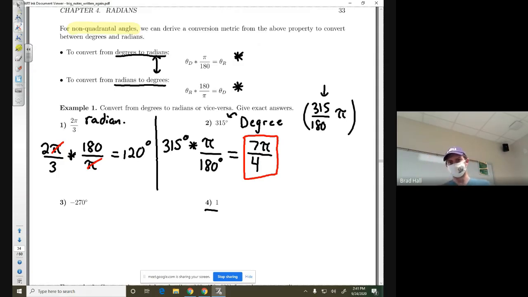If you don't know, I'll help you after class or something. Other than that, that would be the radian measure. So it would be the same exact thing to say 315 degrees or 7 pi over 4 radians. It means the exact same thing.